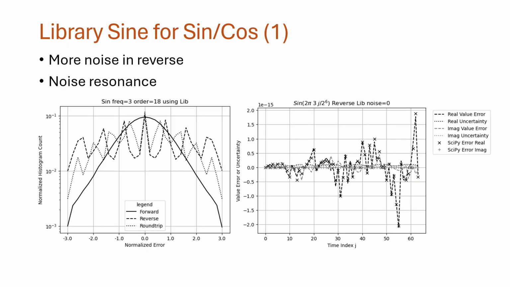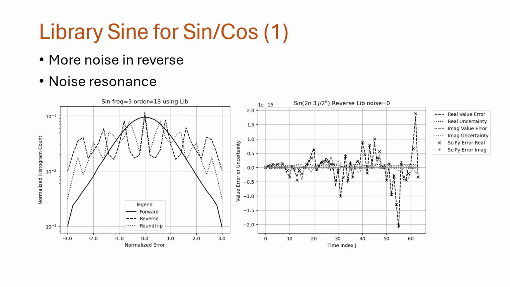And in fact, if we look at the reverse FFT spectrum, for the real and imaginary parts of the FFT spectrum, we see a structured spectrum with a resonance-like peak, and this peak increases with the time index.